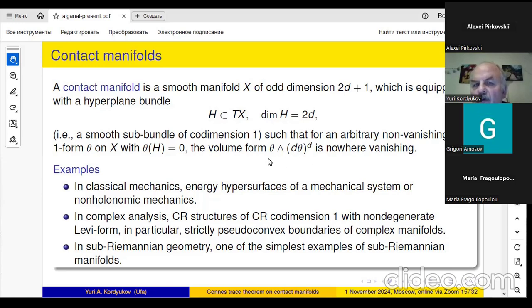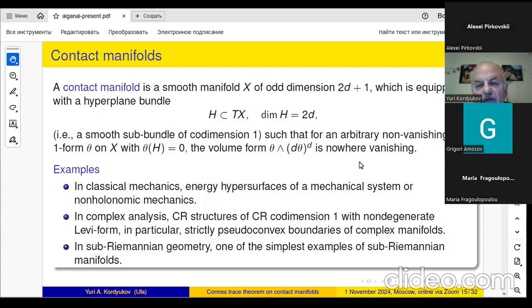So this is a 2d plus one form, the volume form on the manifold. And the assumption is that this volume form is nowhere vanishing. This is the definition of a contact manifold.